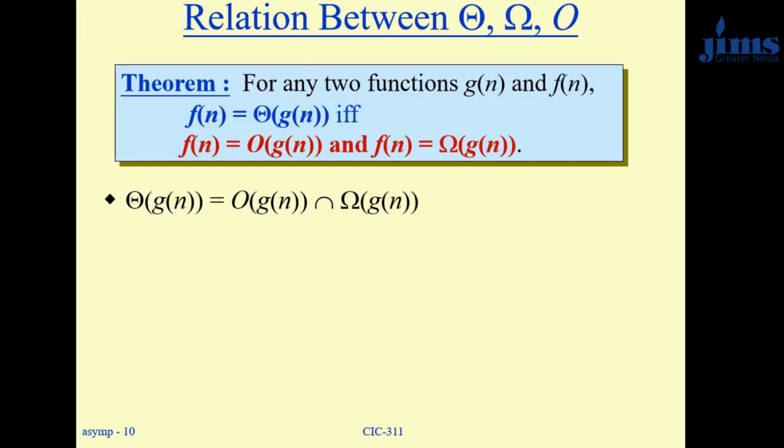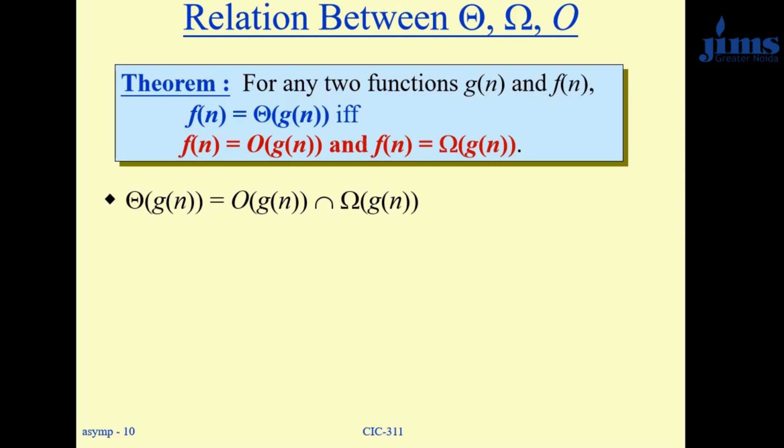If it is acting as an upper bound, it satisfies the criteria of big O notation. Similarly, if it is acting as a lower bound, it satisfies the criteria of a lower bound. So Fn equal to big O of Gn as well, and Fn equal to omega of Gn as well. Vice versa is also correct. That is, if Fn equal to big O of Gn and Fn equal to omega of Gn, both conditions are satisfied, then we can say that Fn equal to theta of Gn as well.